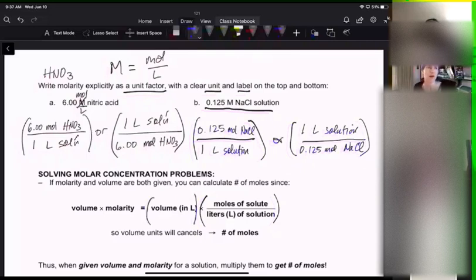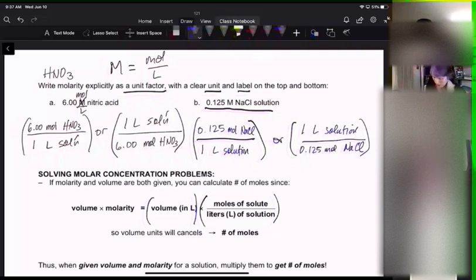So you might think about maybe hot chocolate. There's the concentration of hot chocolate that we like to drink. It has a certain amount of chocolate, a certain amount of sugar. If you want to find out how much chocolate you just drank, you have to multiply by, was it a small cup or was it a large cup?